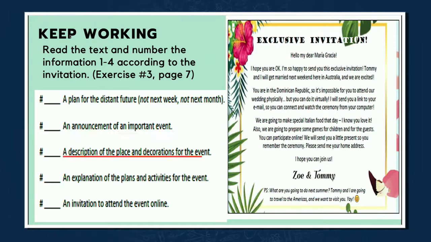A description of the place and decorations for the event. Una descripción del lugar y de las decoraciones del evento. An explanation of the plans and activities for the event. Una explicación de los planes y las actividades para el evento. And finally, an invitation to attend the event online. Una invitación para asistir al evento en línea.